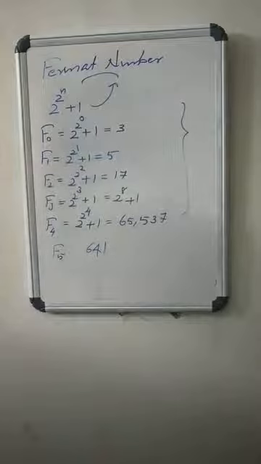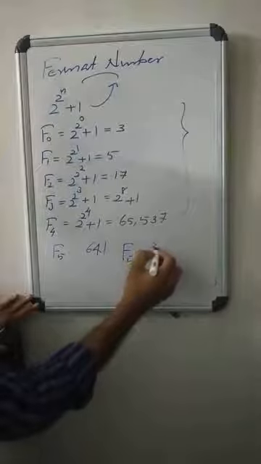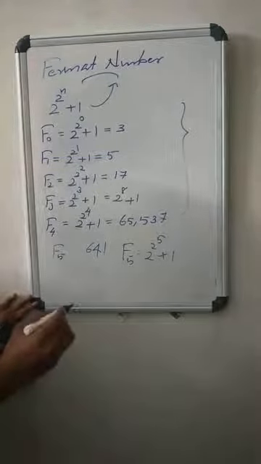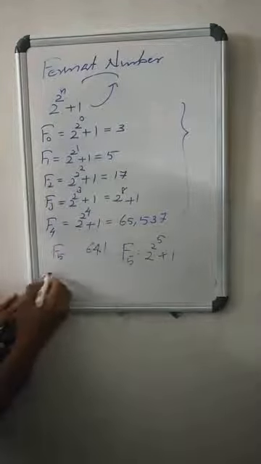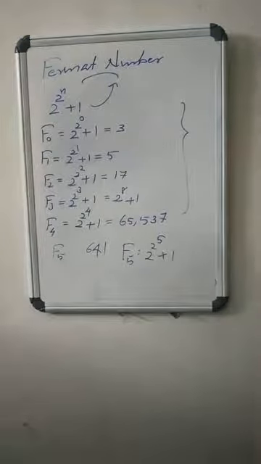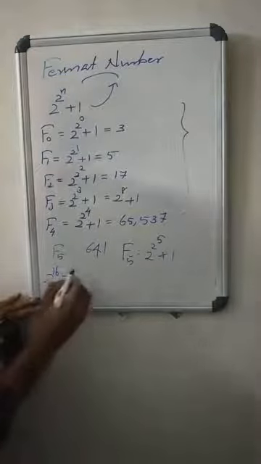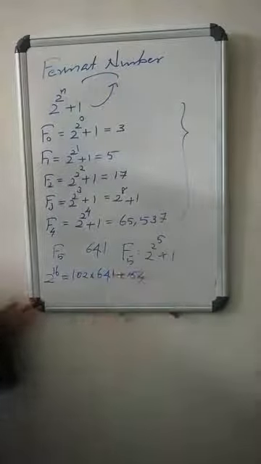You can calculate this. When n equals 5, F5 is 2 power 32 plus 1. First, when n equals 4, that is F4, 2 power 4 plus 1, which is 2 power 16. 2 power 16 can be rewritten as 102 into 641 plus 154.